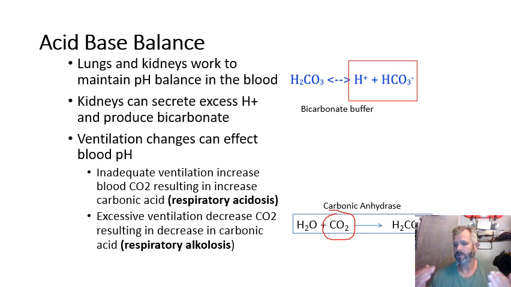But you can see we could also regulate CO2 levels. CO2 levels could help us regulate pH, because if we increase the amount of CO2 in the blood, all right, we have a normal level of CO2 where we keep homeostatic, but if our pH starts going up or starts going down, we can help offset that pH by either retaining CO2 or expelling more CO2.